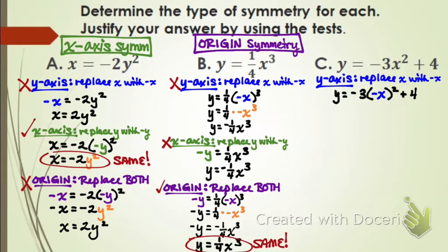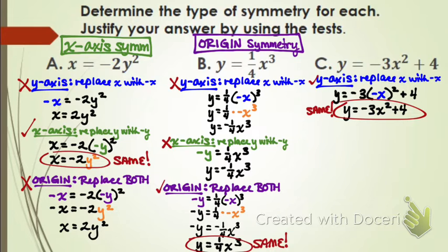Negative x squared is x squared. So y equals negative 3x squared plus 4. Is that the same as what I started with? Yes. So we have y-axis symmetry.